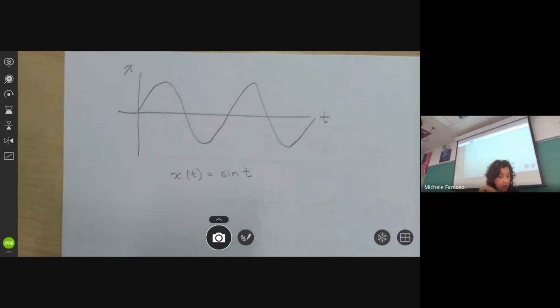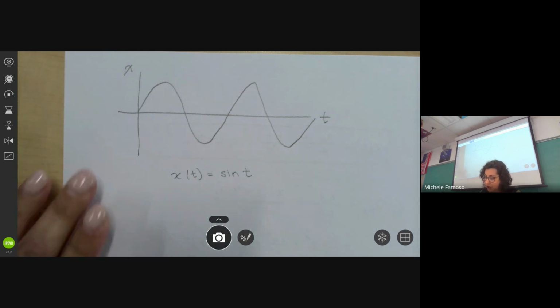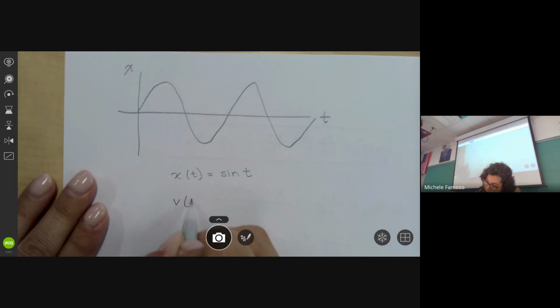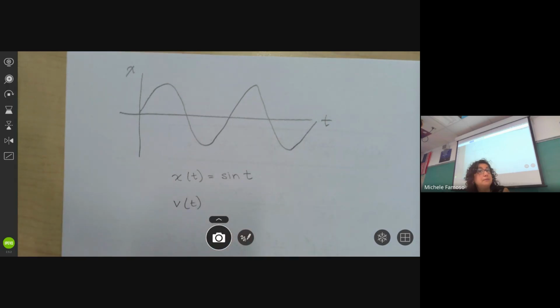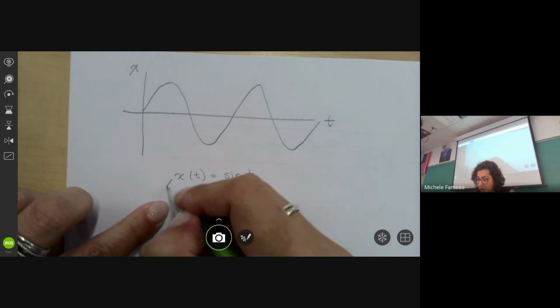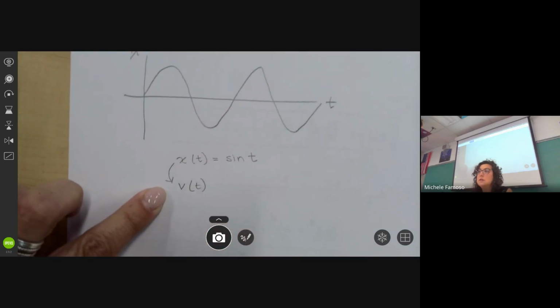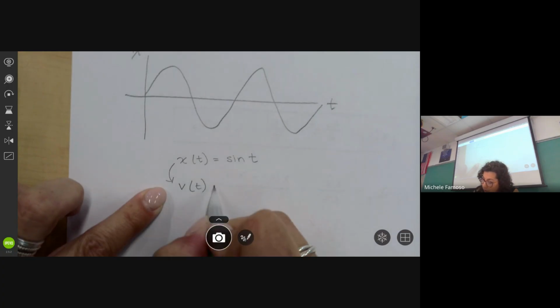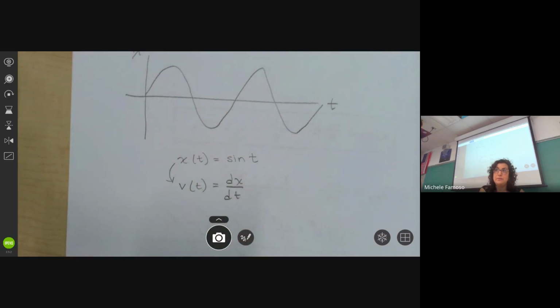So now what I want you to do is sketch a rough graph of the velocity and the acceleration. Okay, this is where you might need to use your reference table. How do you go from position to velocity? What's the calculus involved? It's the derivative, right? Okay, use your pink reference table.